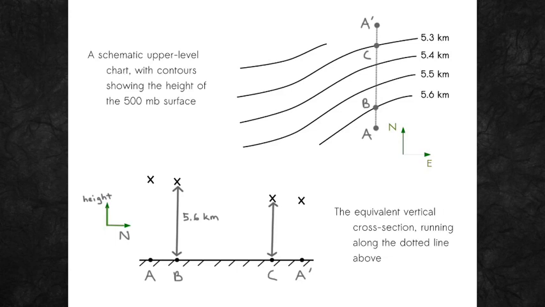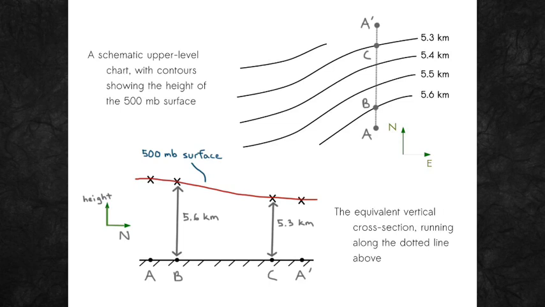That's how high it was above sea level. And C happens to be on this contour up here, which says 5.3 kilometers. And so what that's telling us is that at that point, the 500 millibar level was 5.3 kilometers above sea level. And so then if we go and we connect all these points here, that's going to be our 500 millibar surface as viewed from the side.